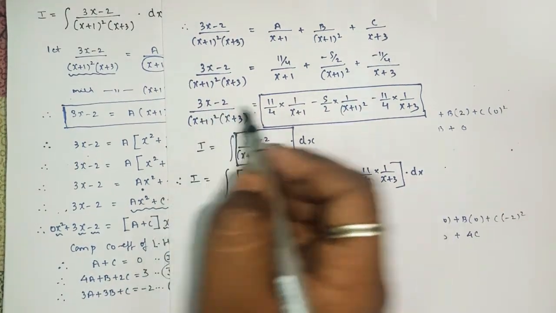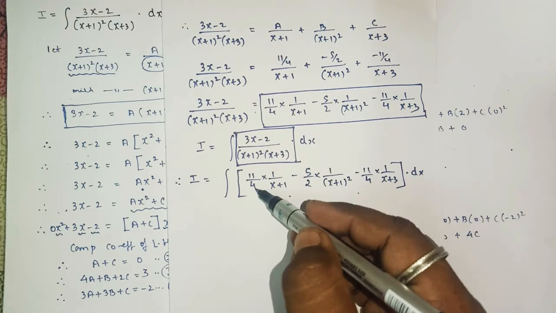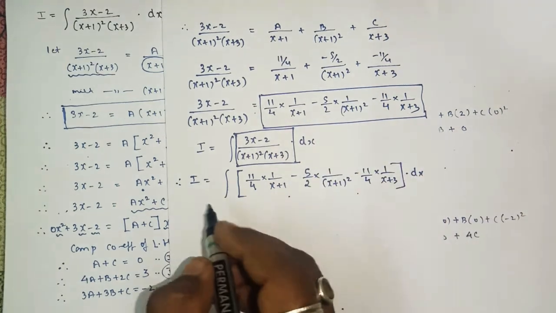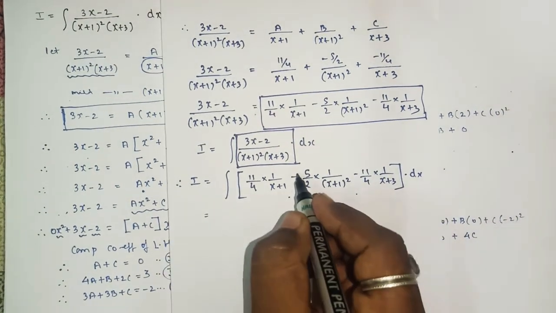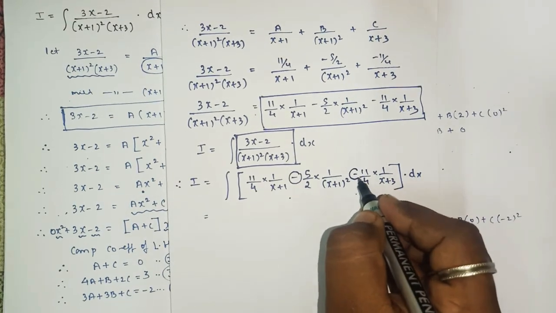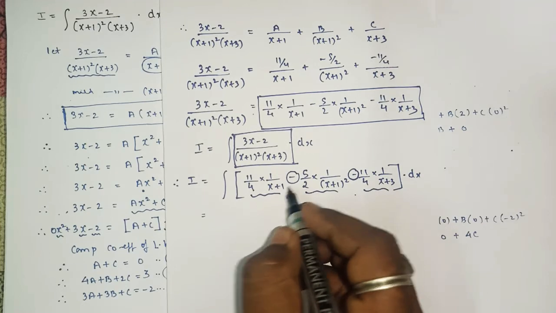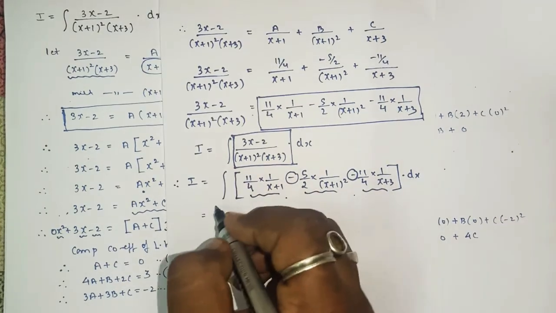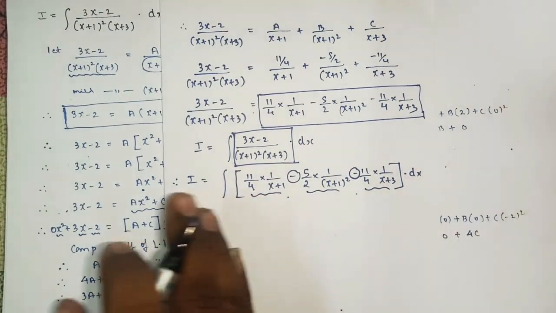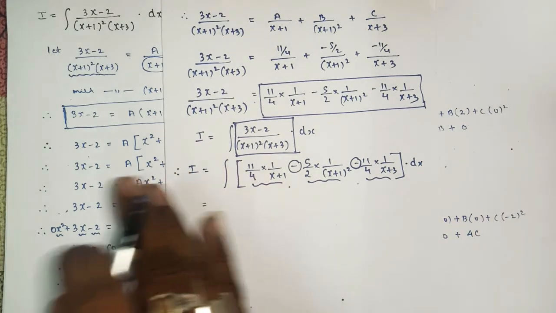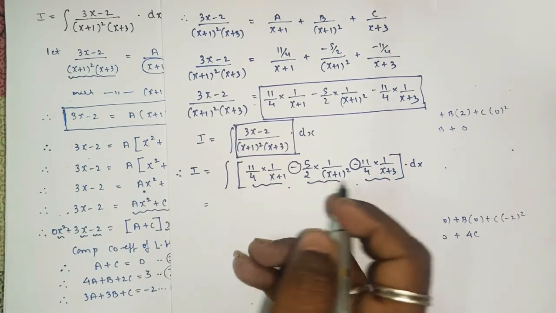As clearly we can see, here we have three different terms separated by minus, and here we have one integral into dx. So as per the rule we can separate the integral for each and every term.